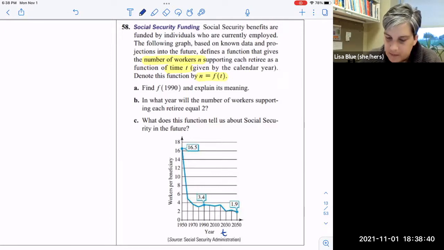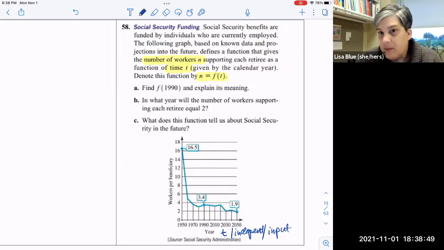This is our t, our independent variable, and this is going to be our input. So this is the number we're manipulating. We're going to slide the scale back and forth between 1950 and 2050, and then we're going to look at what output results.